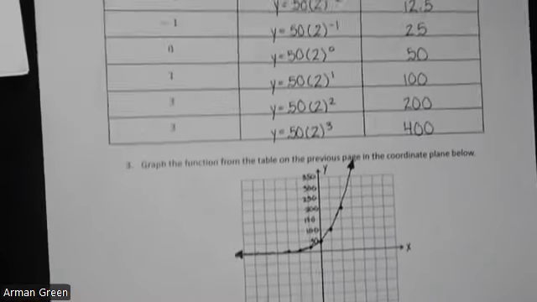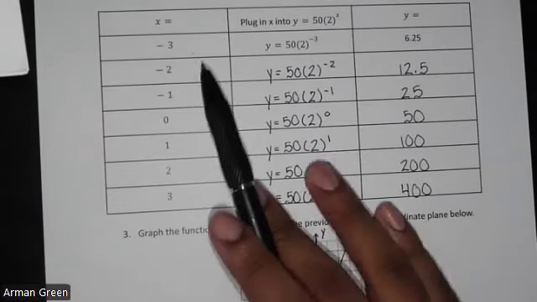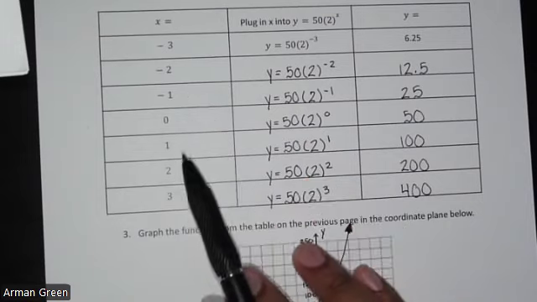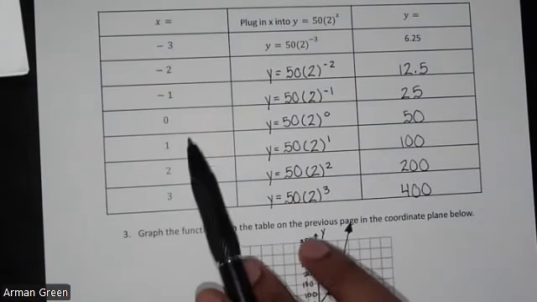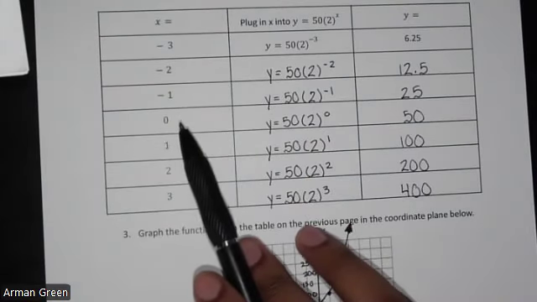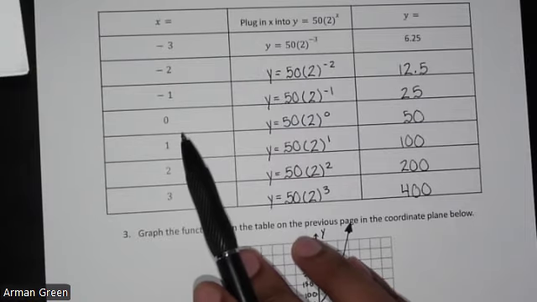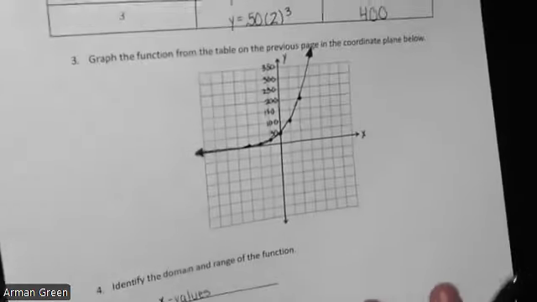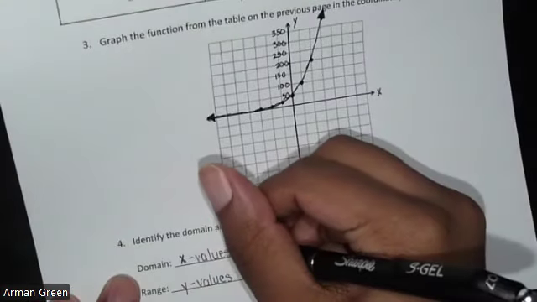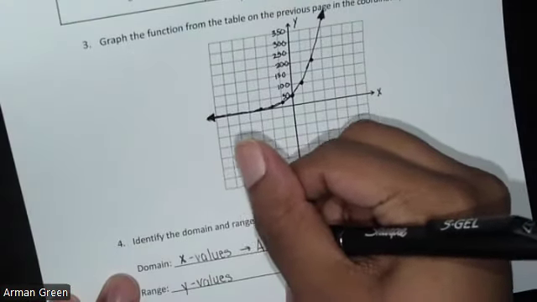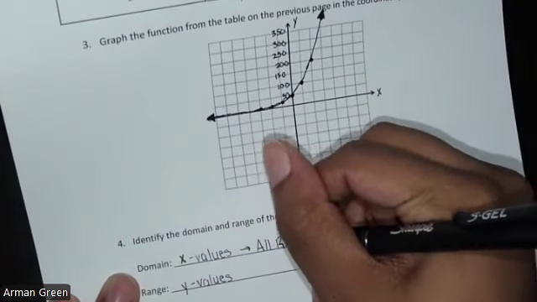Now, if you want to look up for a second, we plugged in negative numbers, we plugged in positive numbers, and we plugged in 0. So what this tells us is that we can actually plug in any number we want into this function. So that means that when it comes to our domain, the domain for this function is still all real numbers.